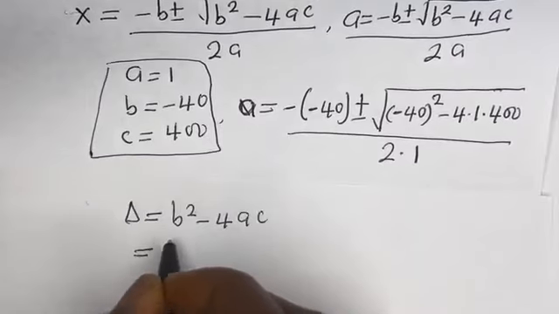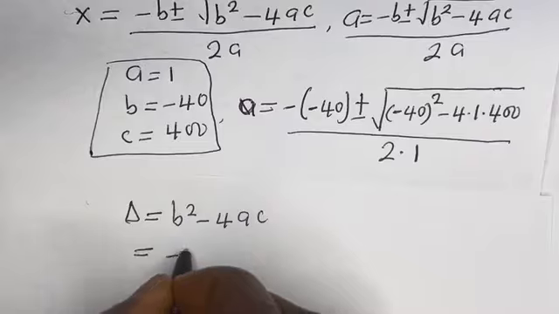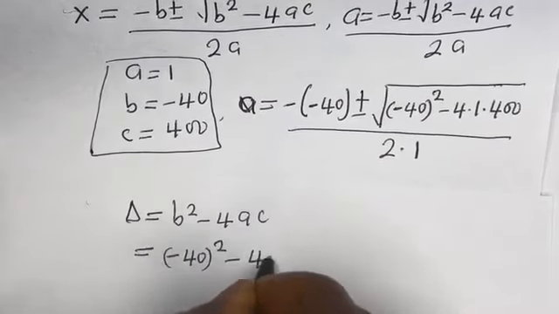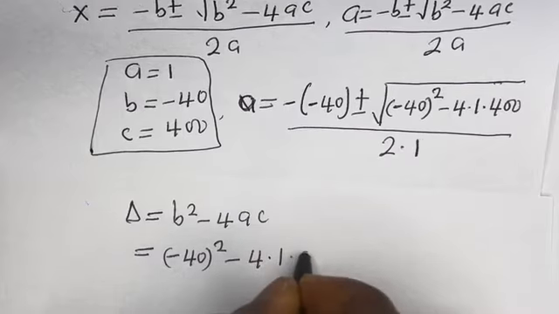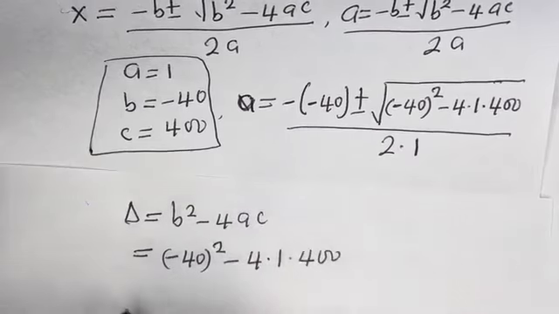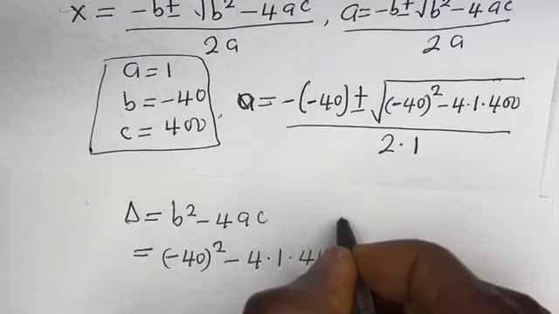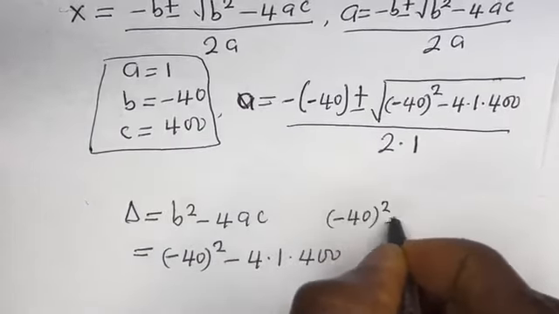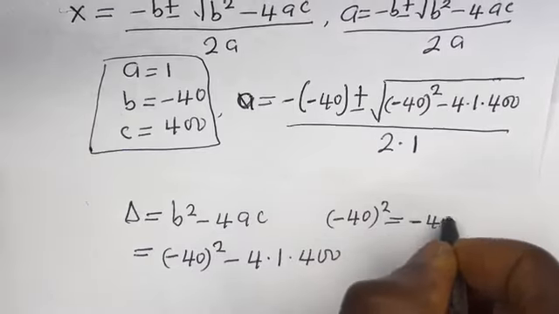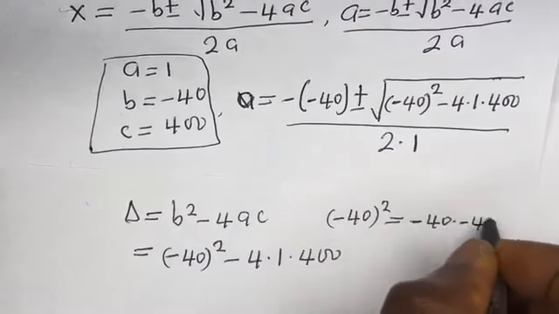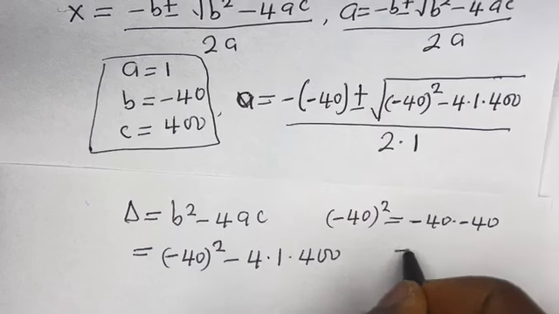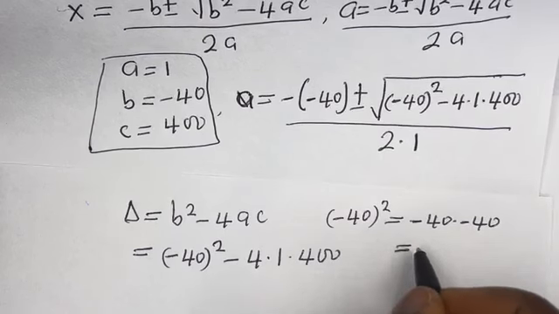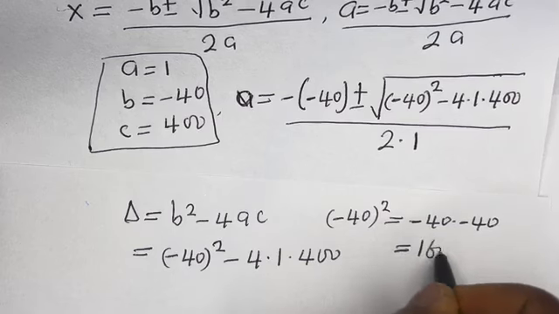Then this is equal to minus 40 square minus 4 multiplied by a is 1 multiplied by c is 400. Now, minus 40 square is equal to minus 40 multiplied by minus 40, and this is equal to 1600.